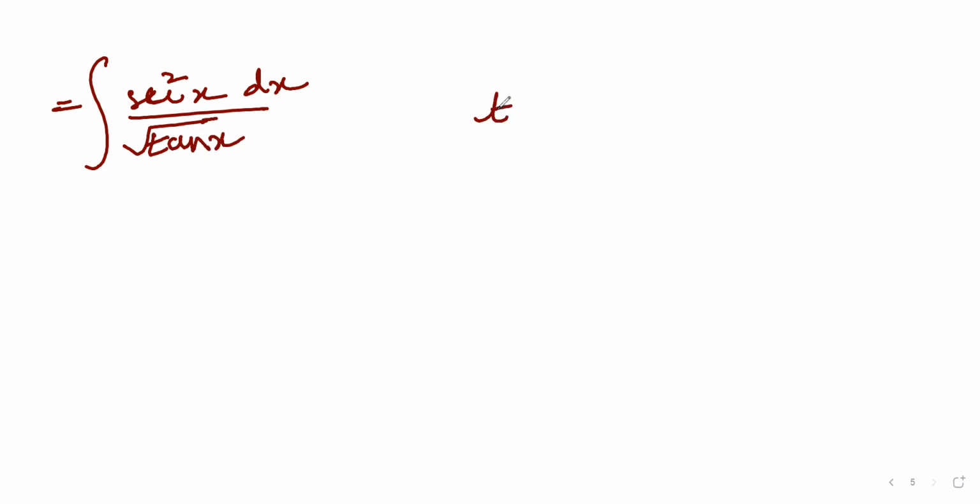Now what you can do is put tan x is equal to t. Now we are going to use substitution. So what happens when you use tan x is equal to t? Differentiate both sides. The derivative of tan x is secant square x, isn't it? Secant square x dx is equal to dt.